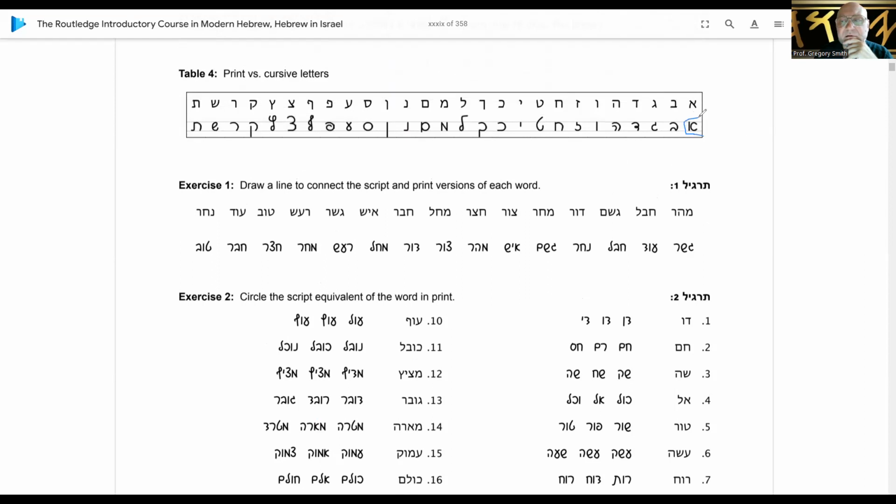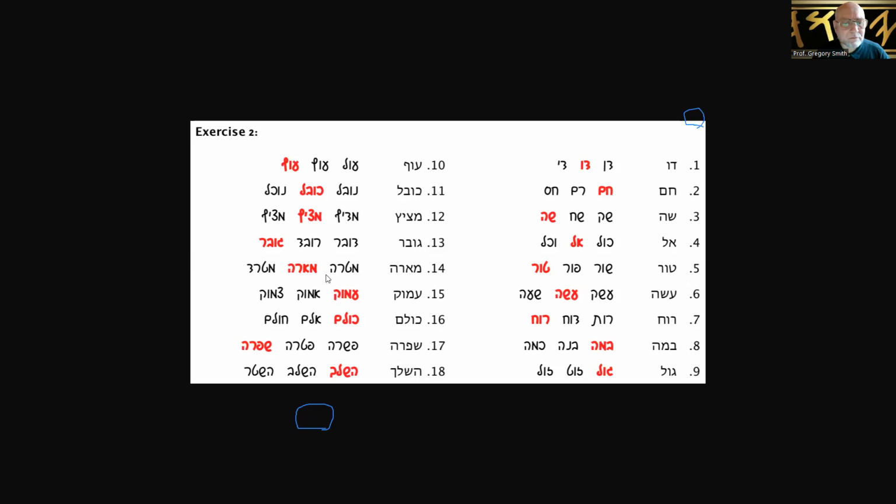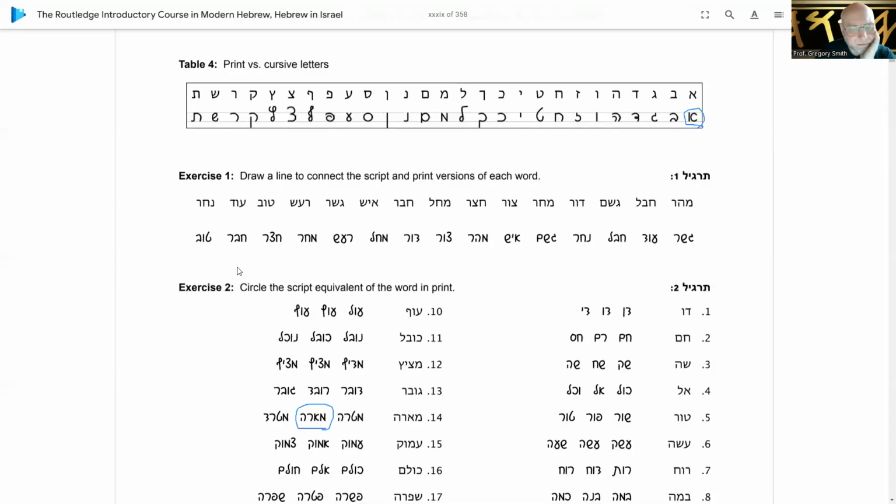It looks like that kind of character. So it's going to be this one. It's going to be the middle one. Yeah, right there.